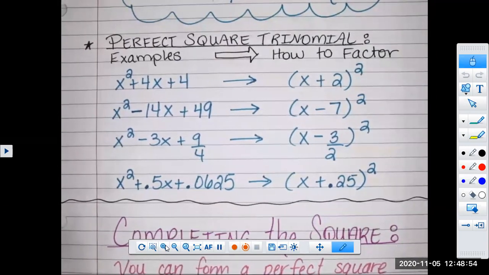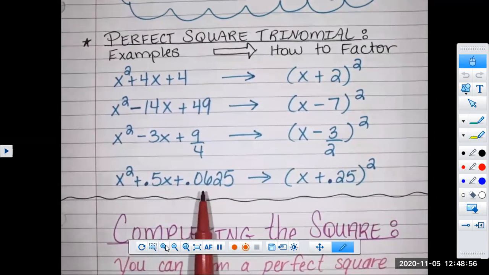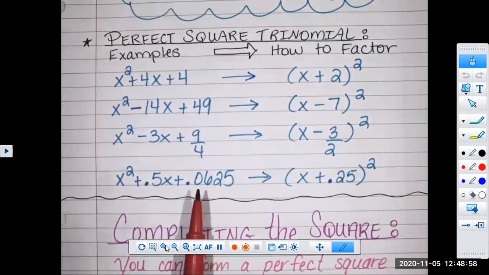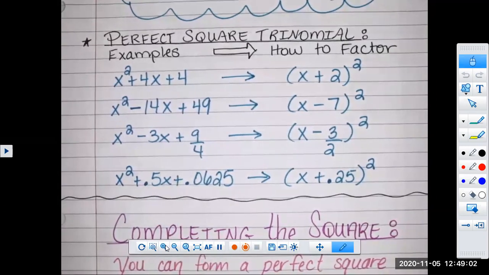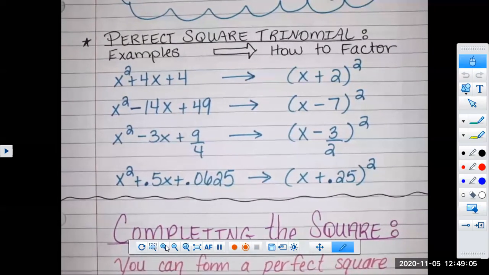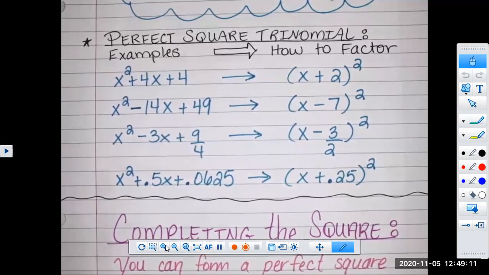They're all perfect squares. If you say 0.25 squared, you're going to get that. So I know that we tend not to think of decimals or fractions as being perfect squares, but they are. Like I can square 0.5 and get 0.25 as a perfect square.